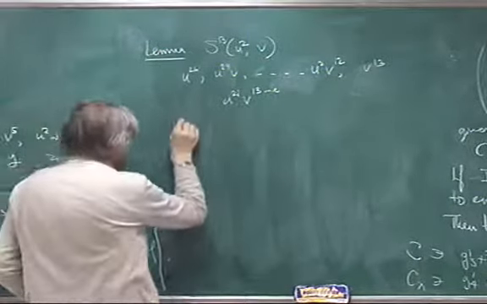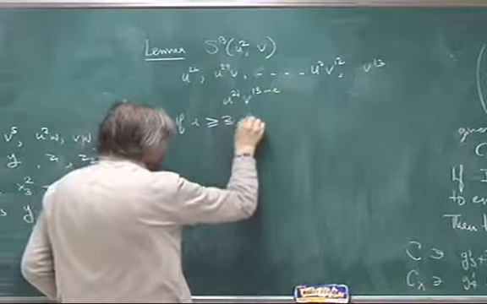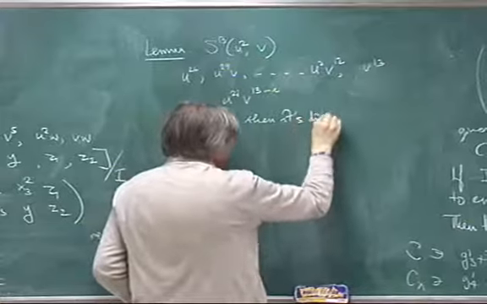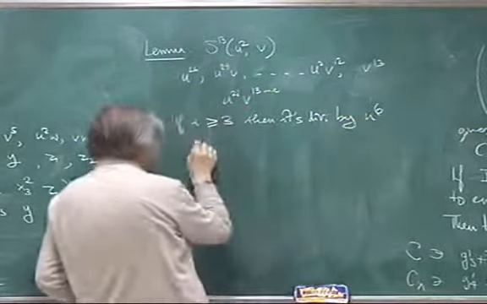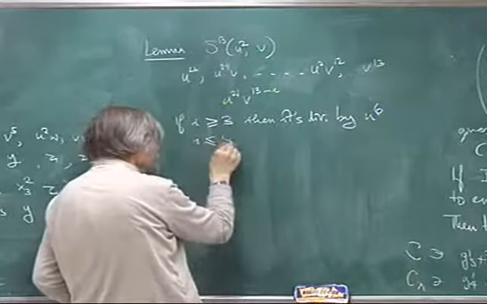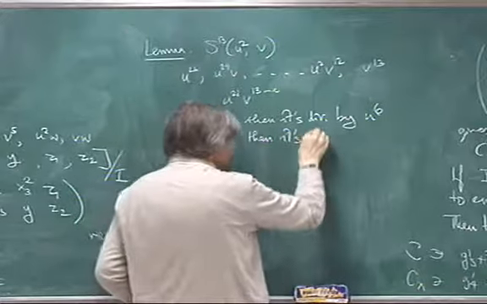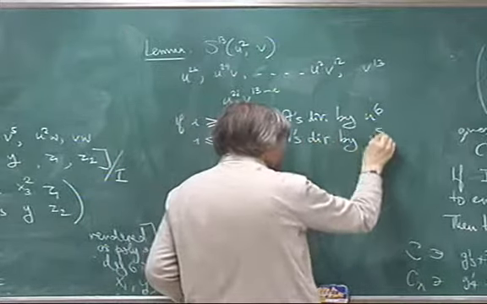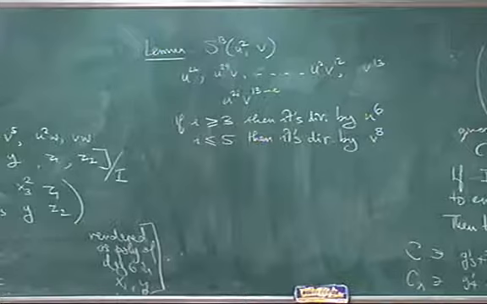If i is greater than or equal to 3, then it's divisible by u to the 6th. And if i is less than or equal to 5, then it's divisible by v to the power of 8. So the thing I'm writing is completely trivial.